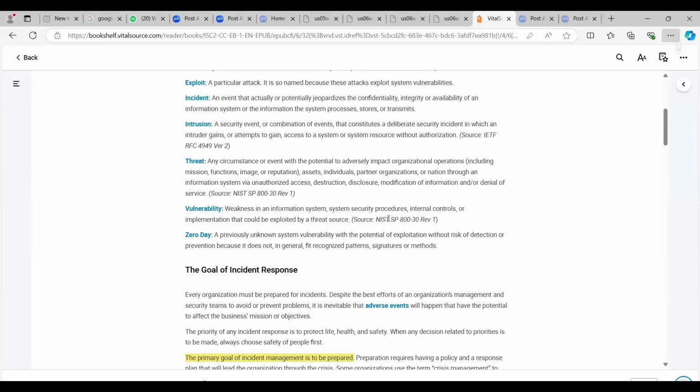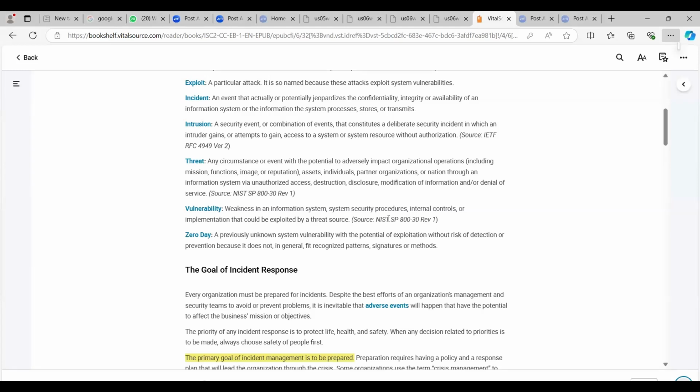Then we have threats. A threat is any circumstance or event with the potential to adversely, that means negatively, impact organizational operations, including mission, functions, image or reputation, assets, individuals, partner organizations, or the nation through an information system via unauthorized access, destruction, disclosure, modification of information, and/or denial of service.